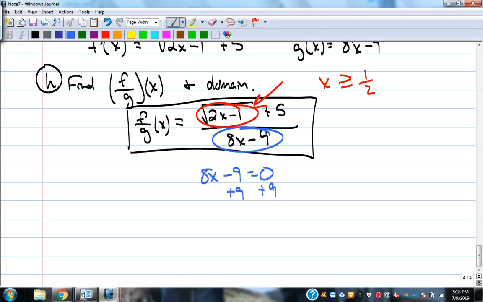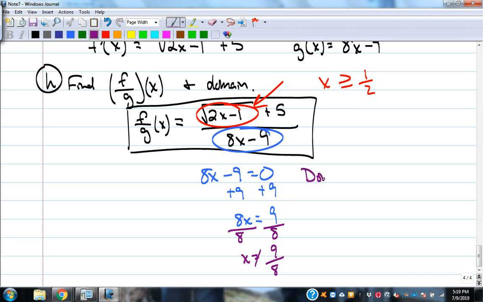Plus 9, plus 9. 8x is equal to 9, divided by 8. x cannot be 9 over 8. Is 9 over 8 bigger than 1/2? Yeah, it's 1 1/8. 1 1/8 is definitely bigger than 1/2. So there's a number that is in this, the red part, that we got to skip over.